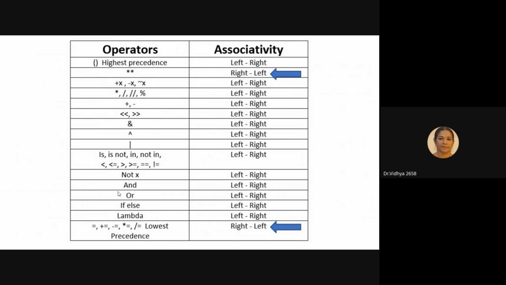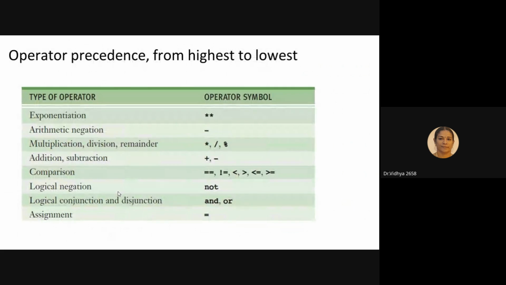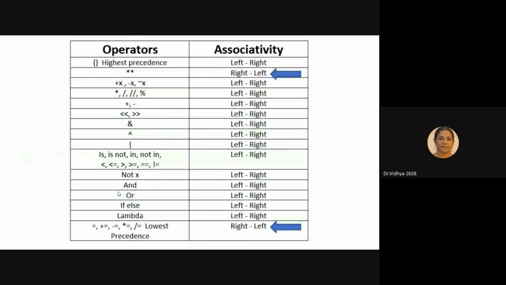So the highest precedence is for bracket and double star. The double star operator has the second rank, and its associativity is right to left. Exponentiation has the second priority, and the function bracket has the first priority. Likewise, the associativity also varies for each and every operator.